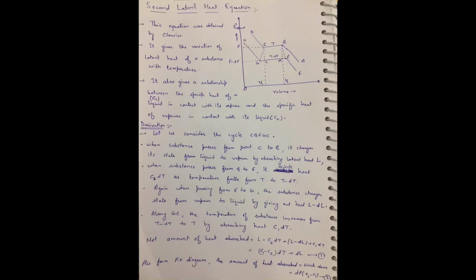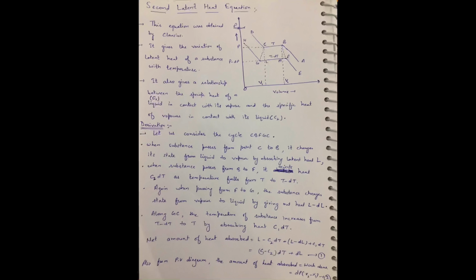Along FG, when the substance passes from F to G, again the temperature is constant at T minus dT and pressure P minus dP, but the state of the substance changes from vapor to liquid by giving out an amount of heat equal to L minus dL.